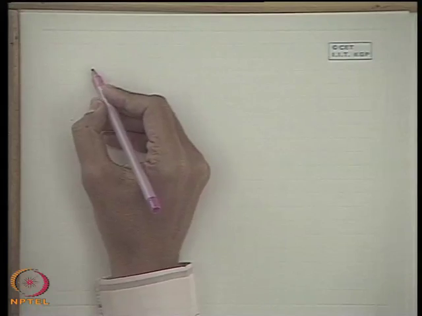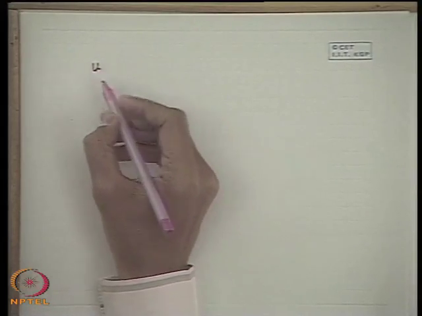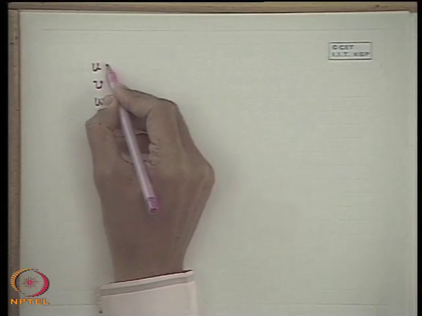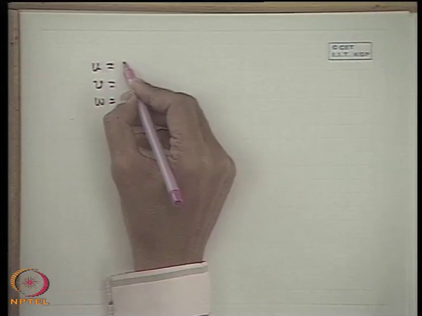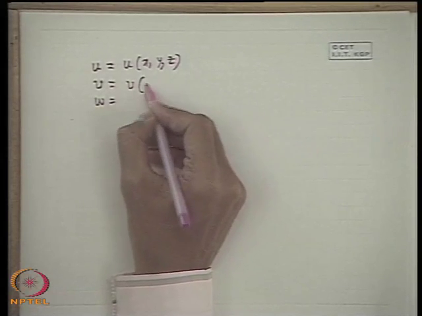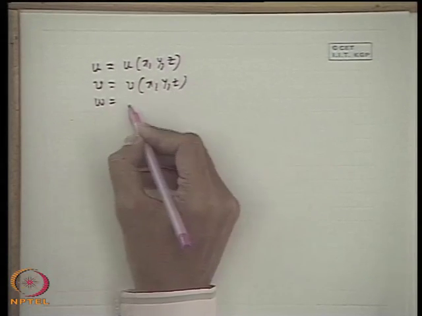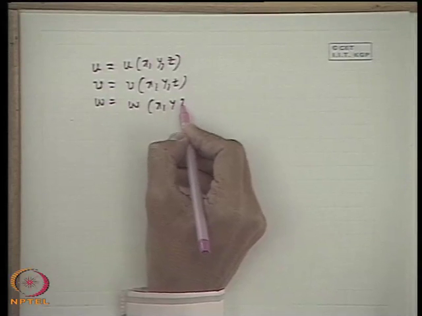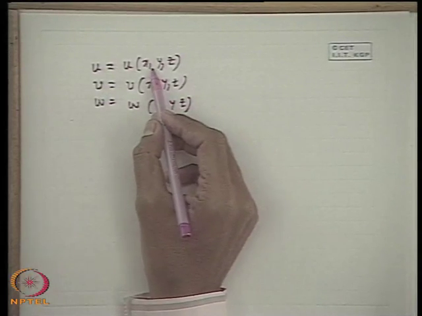So we can express the flow field of a turbulent flow like this. If we consider u, v, w as the three velocity components, in case of a laminar steady flow we know we define the velocity components like this. And for an unsteady flow, we introduce a time t.